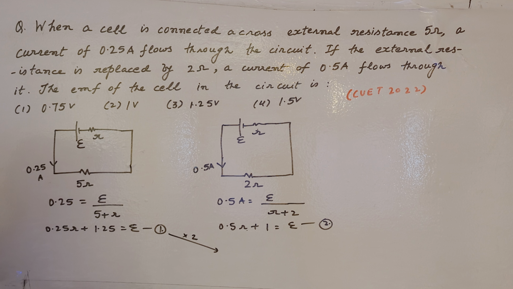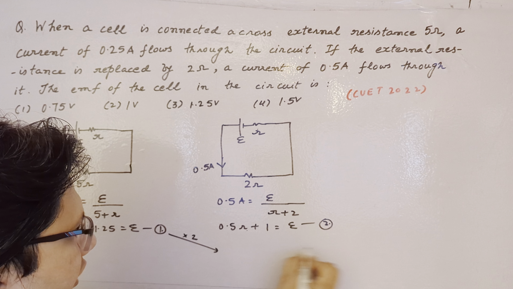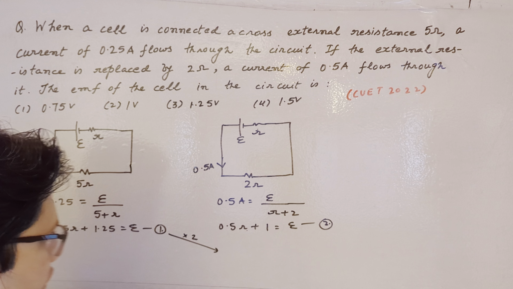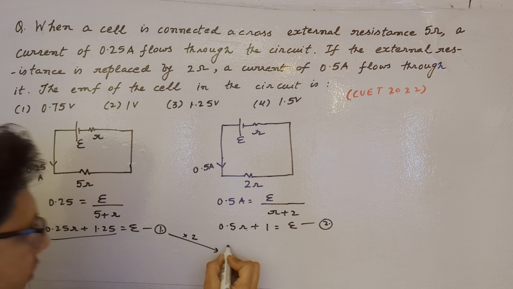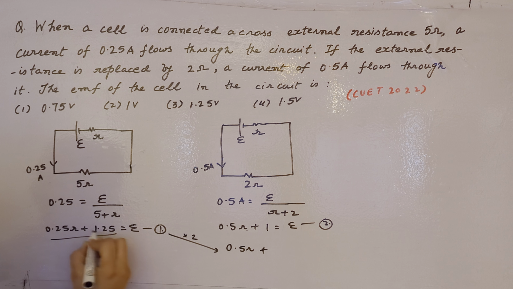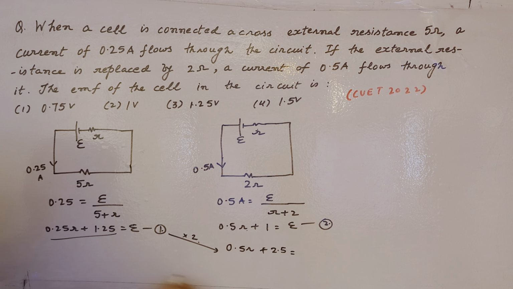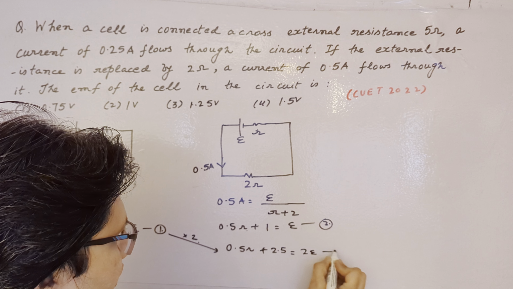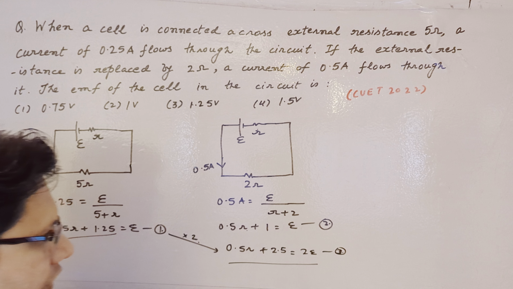After multiplying by 2, the left hand side becomes 0.5 r plus 1.25 into 2, which is 2.5, and the right side becomes 2E. So this is the modified first equation. Let us call this equation number 3.